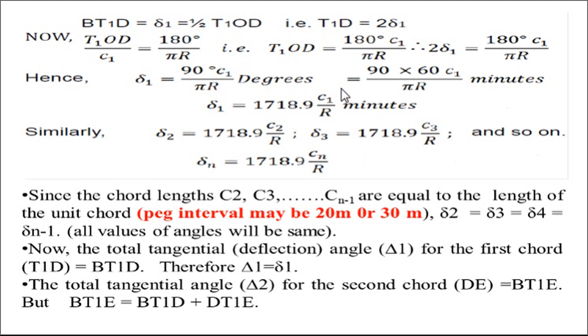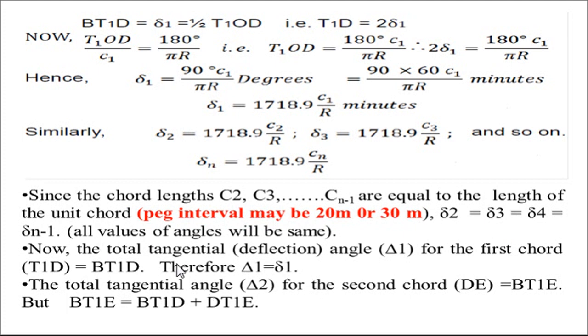Hence the final deflection angle is delta n equal to 1718.9 into Cn divided by R, where Cn is the nth chord. Since the chords C2, C3 up to C(n minus 1) are equal to the length of the unit chord, that is the peg interval, which is 20 meters or 30 meters, the deflection angles delta 2, delta 3, delta 4 up to delta (n minus 1) will have the same values.